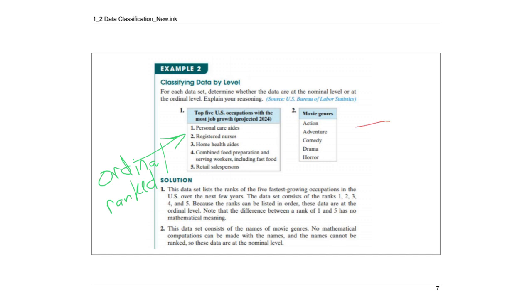For the second one, technically they're alphabetical, but that's not what they mean when they say order. This is not saying the top 5 kinds of movies that people like to watch. There's no information to let us know that it's in any way ranked. So we're just going to say that this is nominal data.